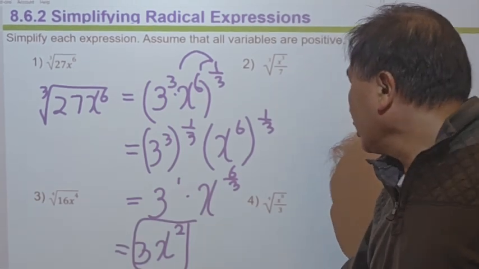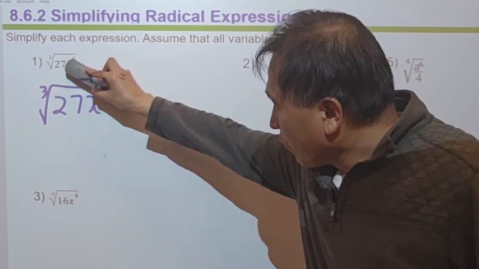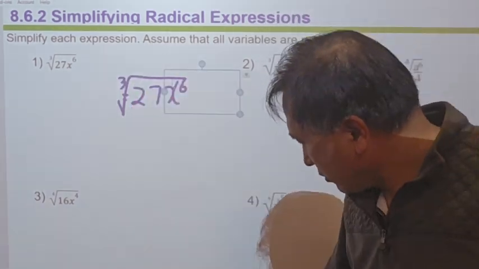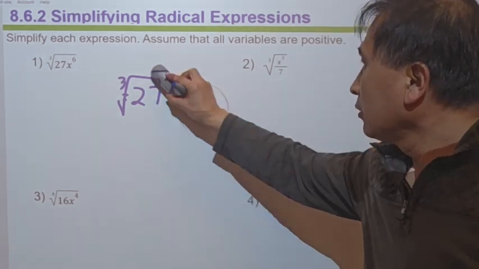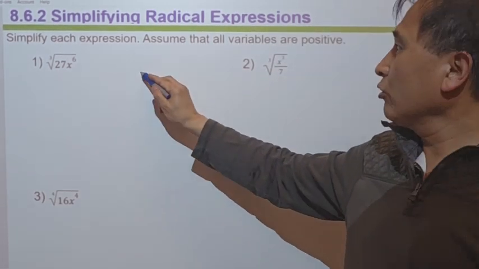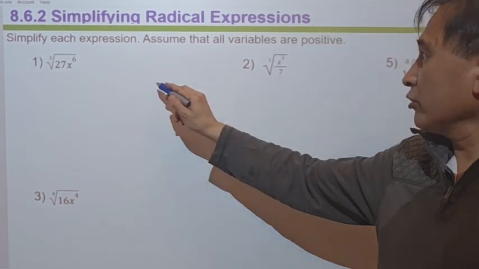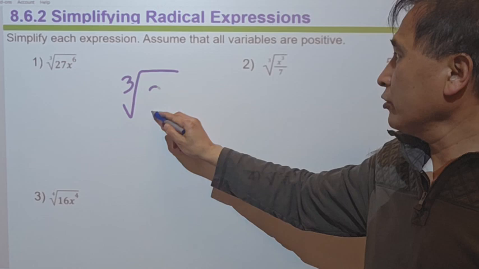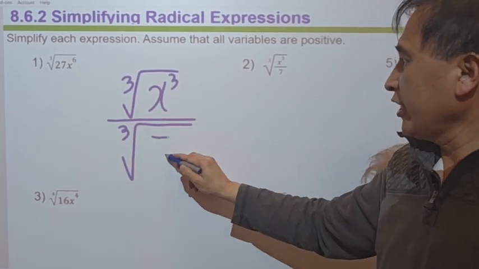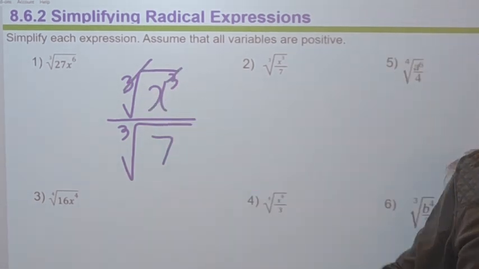So one challenging problem is like this. When there's a fraction there, we can divide the cube roots: the cube root of x to the 3rd power over the cube root of 7. The cube root's 1/3 power cancels out with the power all the time.